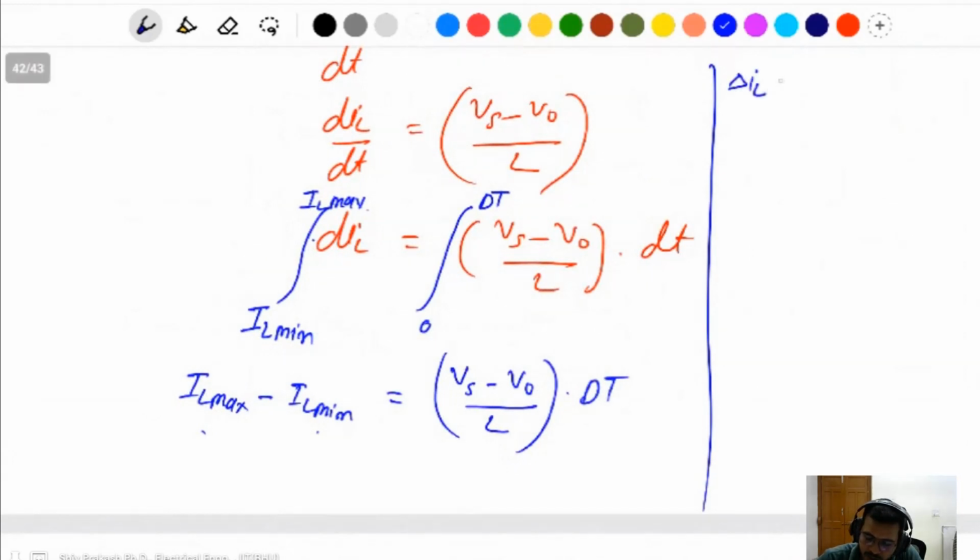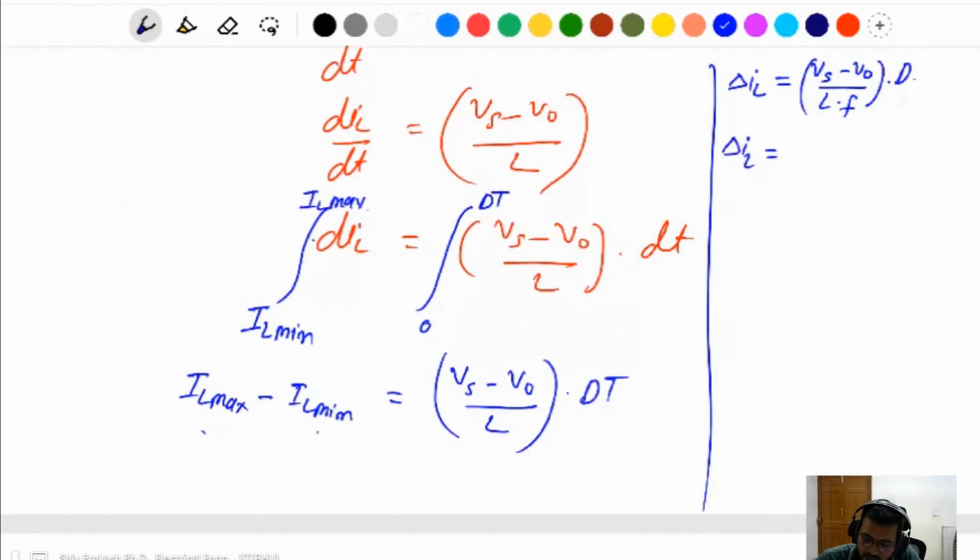Vs minus V naught, D T, where T is the time period, so 1 by T is the frequency. Then this will be Vs minus V naught divided by f L, into D.